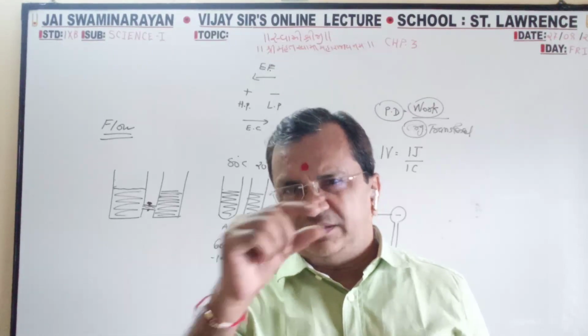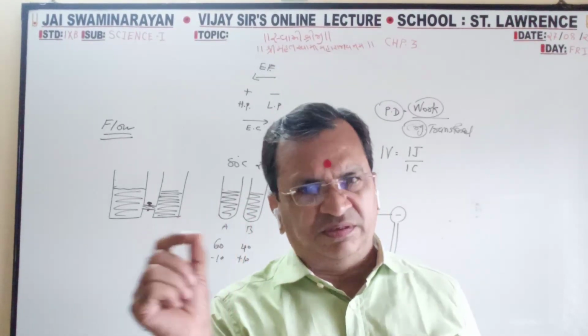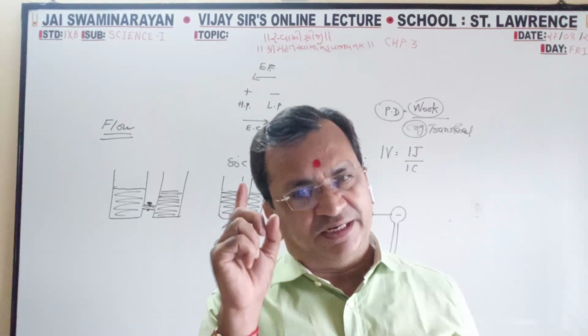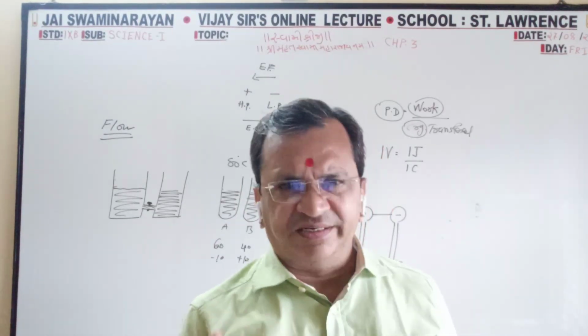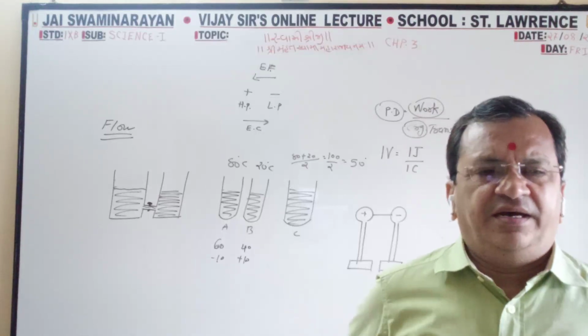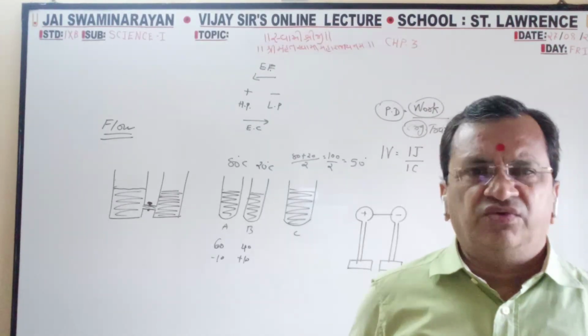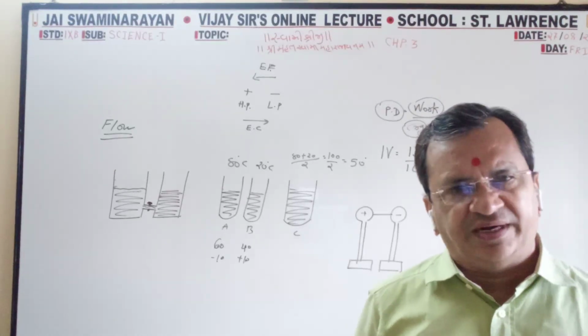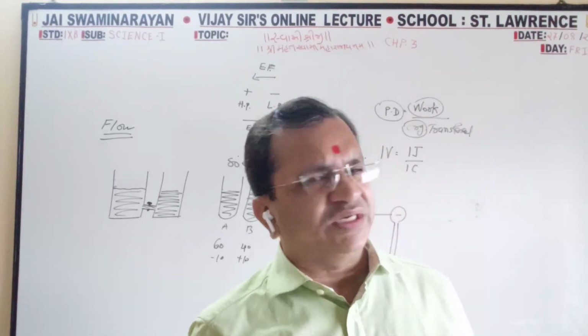The pencil cell is 1.5 volt, the big dry cell is 3 volt, and a mobile battery is around 5 to 7 volt, with different capacities for different mobile batteries.